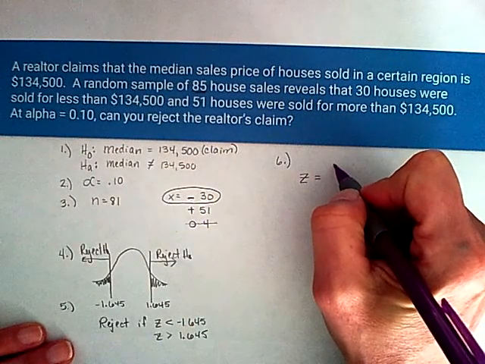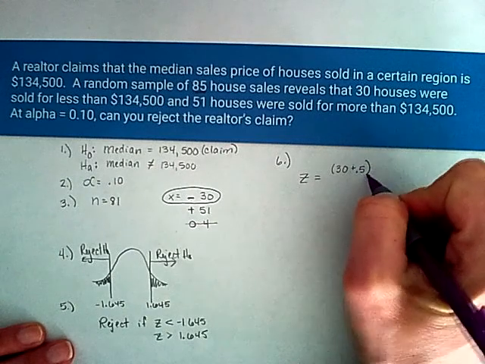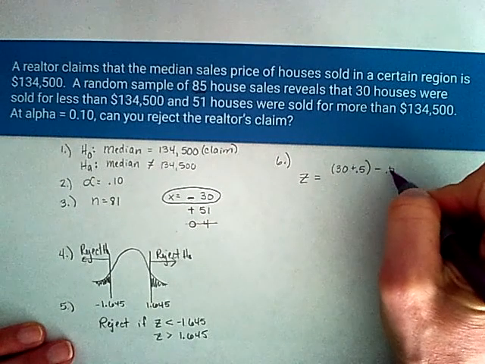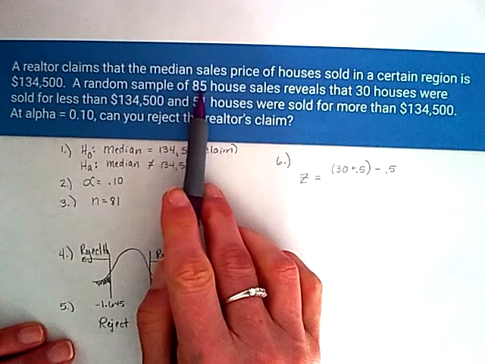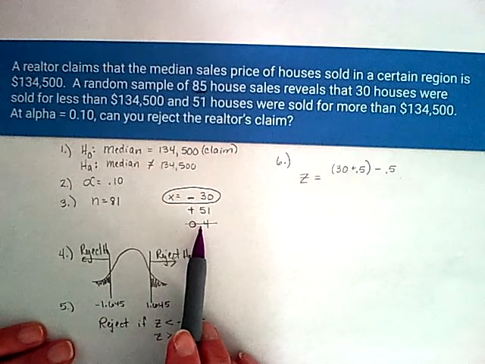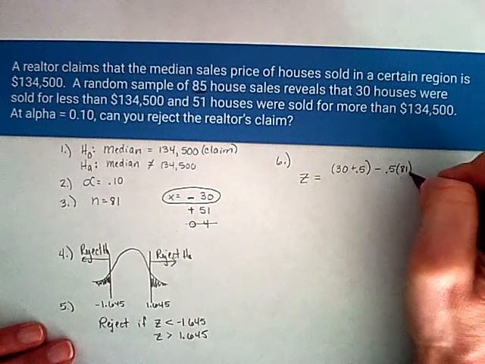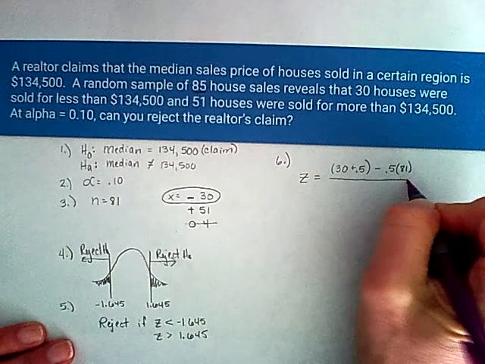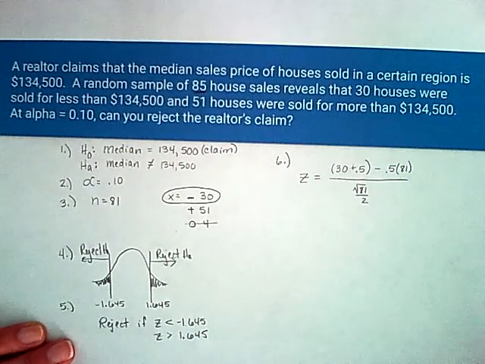So z is equal to 30 plus a half minus a half times our sample size. Now it did say that our sample size was 85, but again, we take out any that are equal to that 134,500. So we're only using a sample size of 81, and we're going to divide this by the square root of 81 divided by 2.